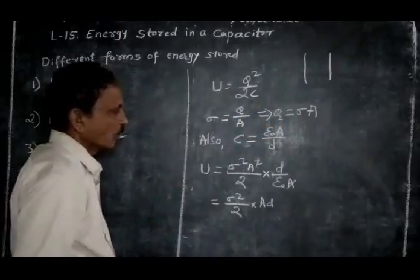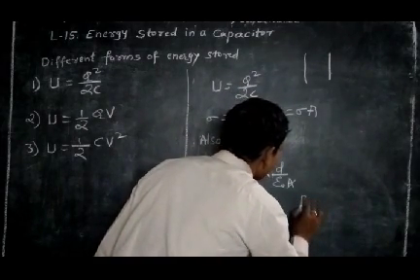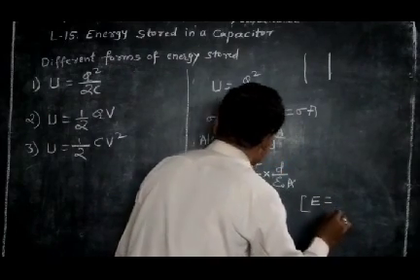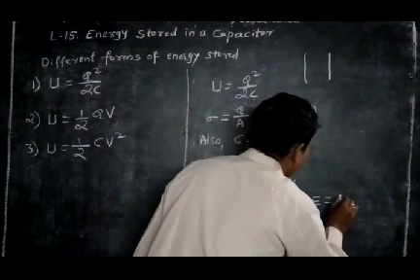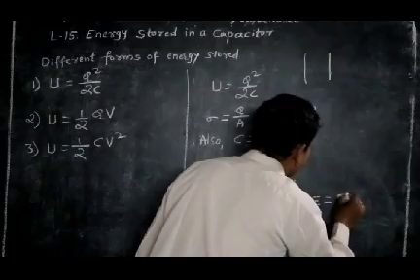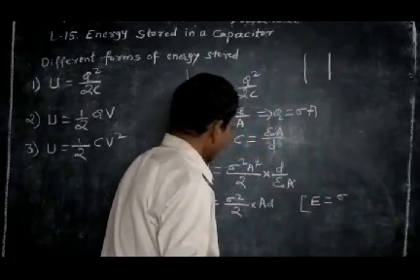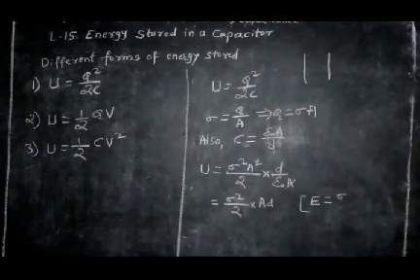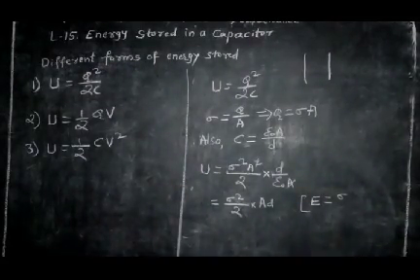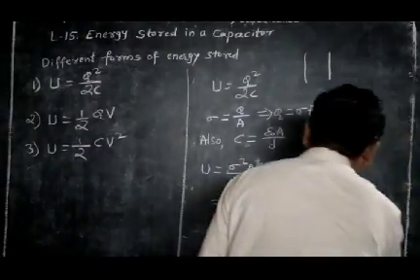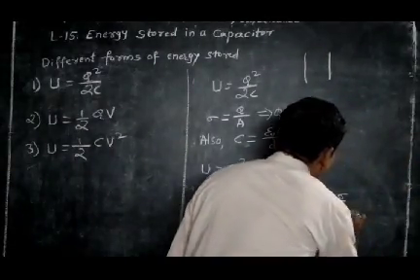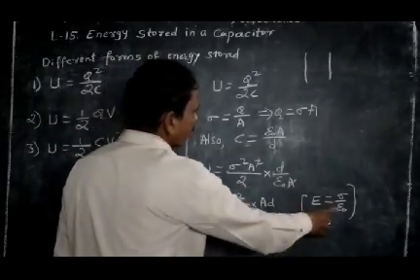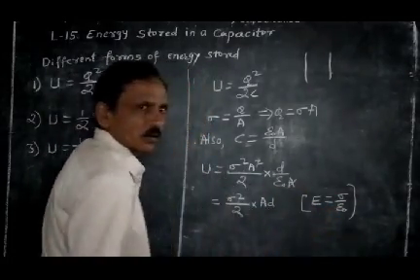And also we know that E equal to sigma upon epsilon naught. Therefore sigma equal to E epsilon naught.